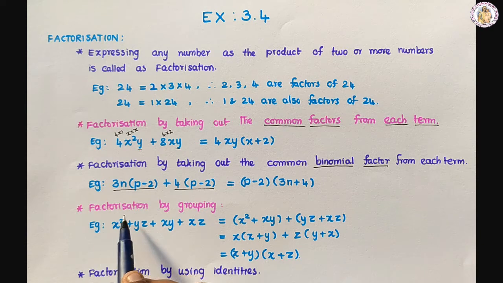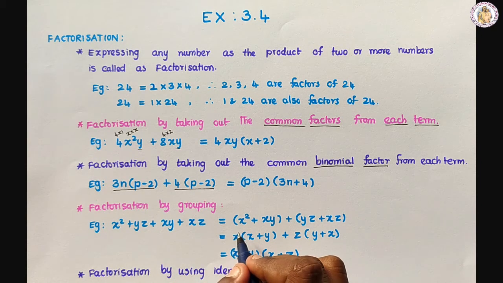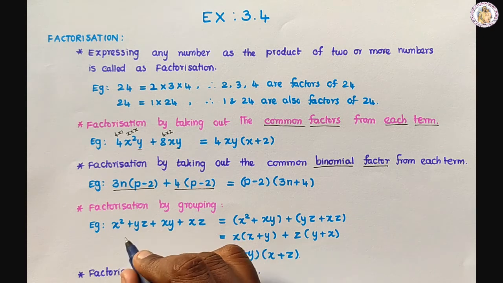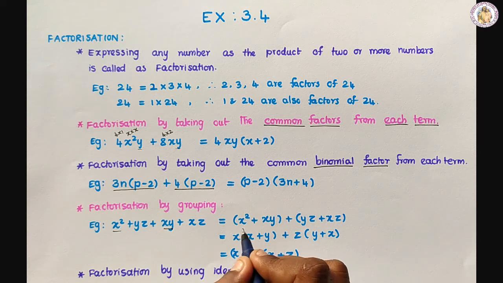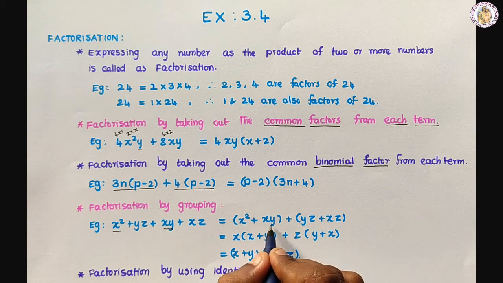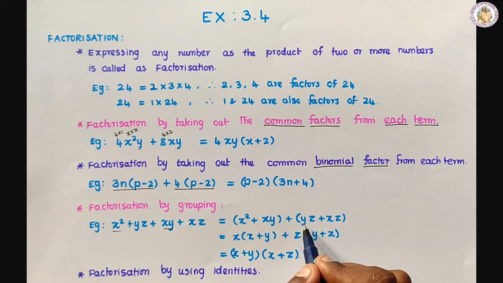Next one, factorization by grouping. Listen, example: x square plus yz plus xy plus xz. 4 terms are there. Group first x square plus xy, and then group yz plus xz.